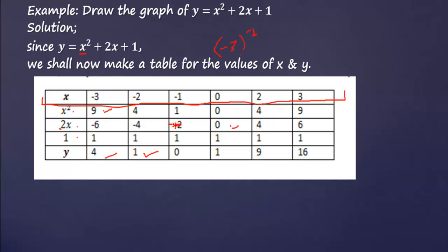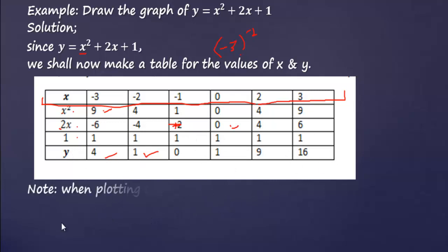We now have 1 minus 2 is -1, and then -1 plus 1 is 0. Are you seeing it now? So that's how you do it, and you add, and then you get all that is in y.